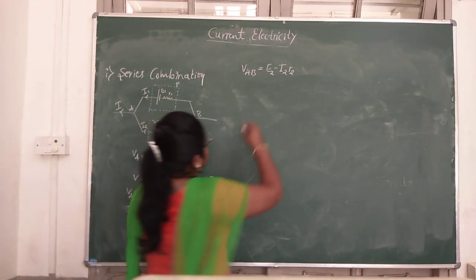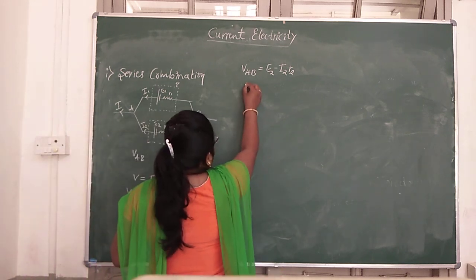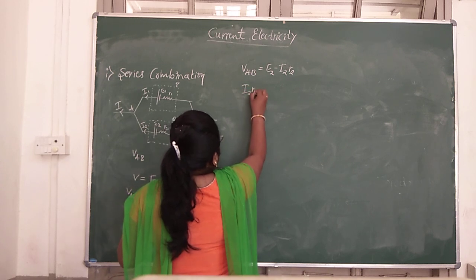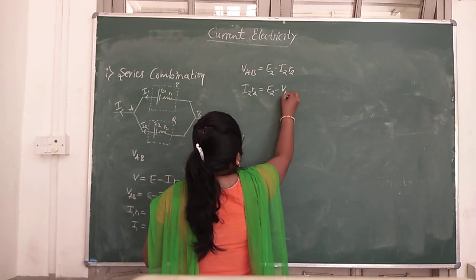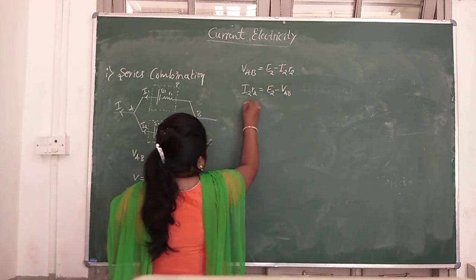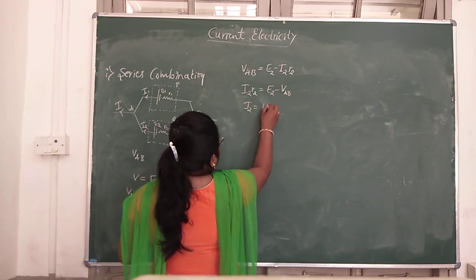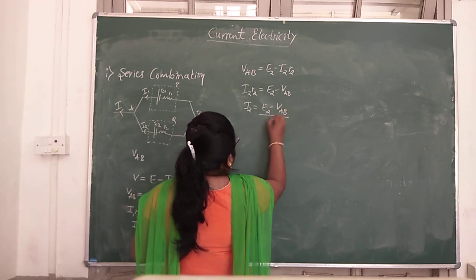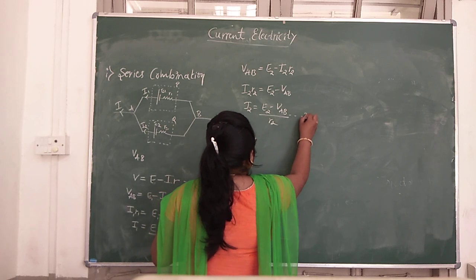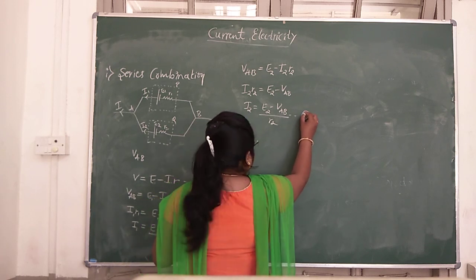Now I2 R2 equal to E2 minus VAB, and the same, I2 equal to E2 minus VAB divided by R2. Call this equation number 3.